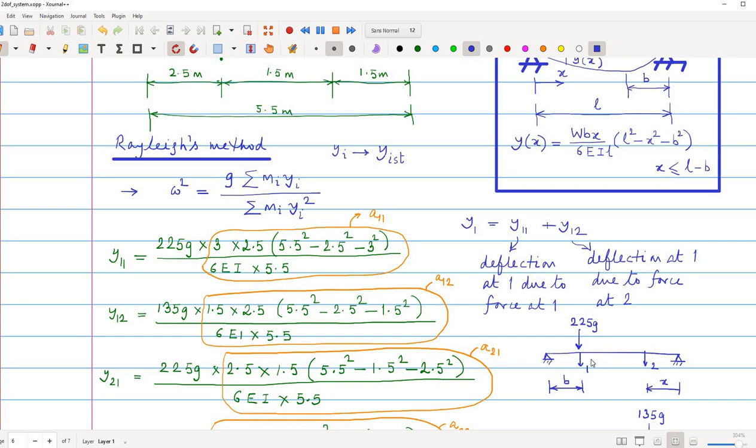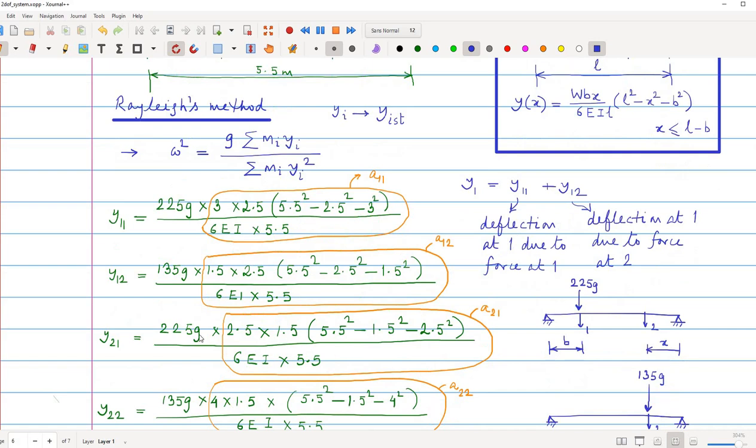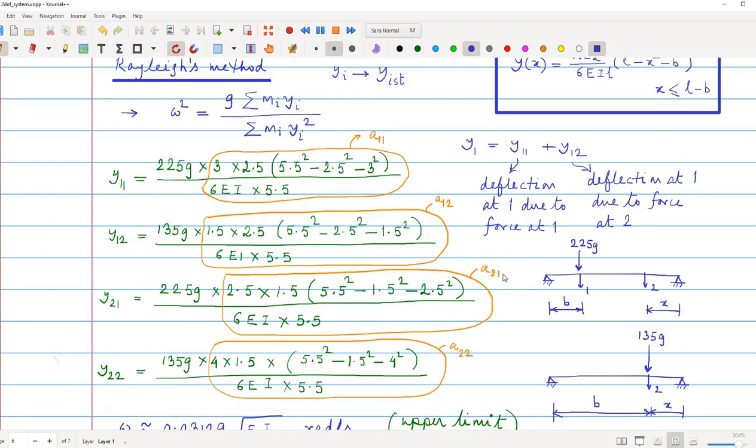So now x is less than L minus b, because this whole length has now become L minus b. So here 225 g, so b is now this much, so this is 2.5, and x is now this much, 1.5, so 5.5 square minus 1.5 square minus 2.5 square by this.